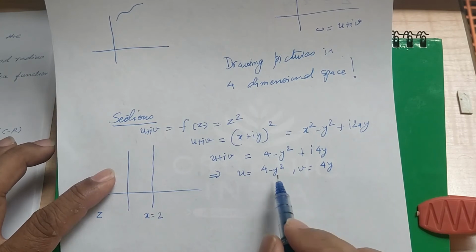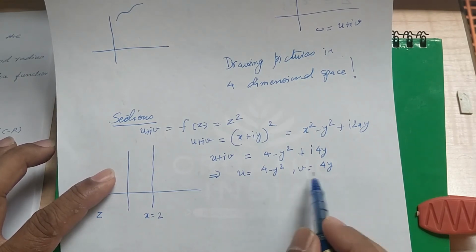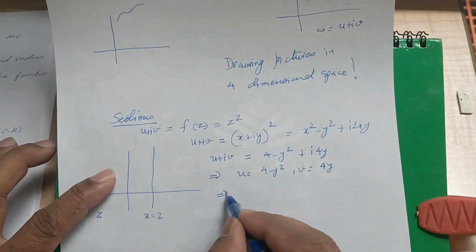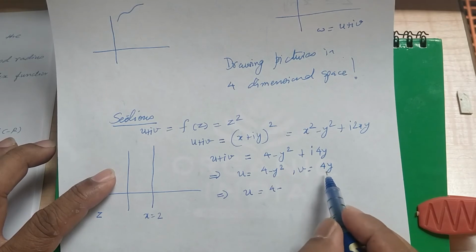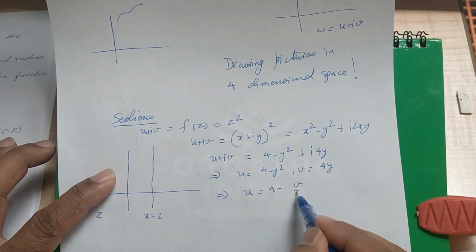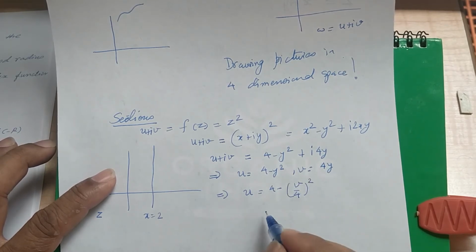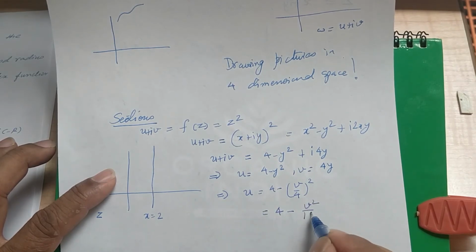Let us try to eliminate y from these two equations. So u is equal to 4 minus, what is y? v upon 4, squared, which is equal to 4 − v²/16.